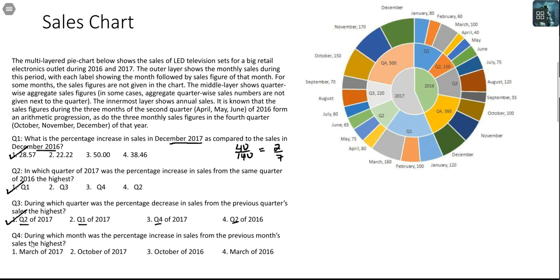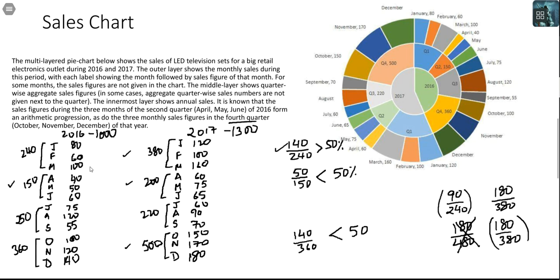Next, let's look at question 4. During which month was the percentage increase in sales from the previous month's sales the highest? Okay, and the options here are March 2017, October 2017, October 2016 and March 2016. So only October and March are counted. These are the months I have to look at.